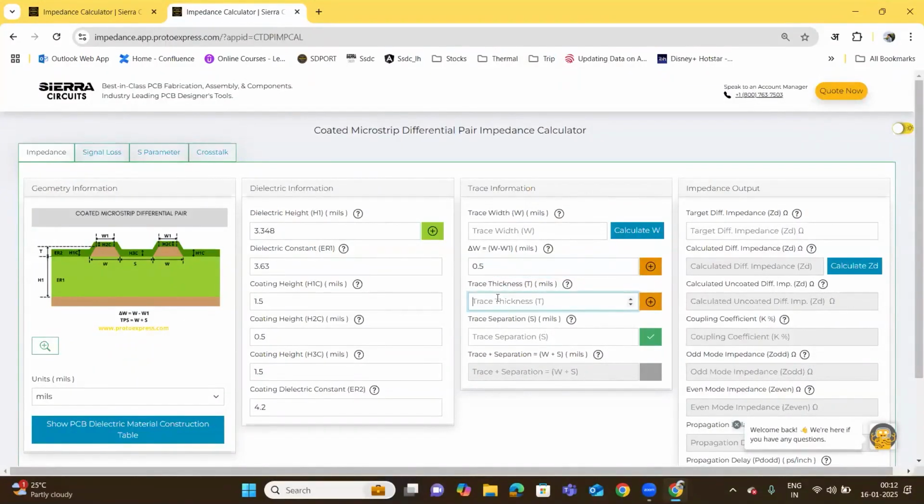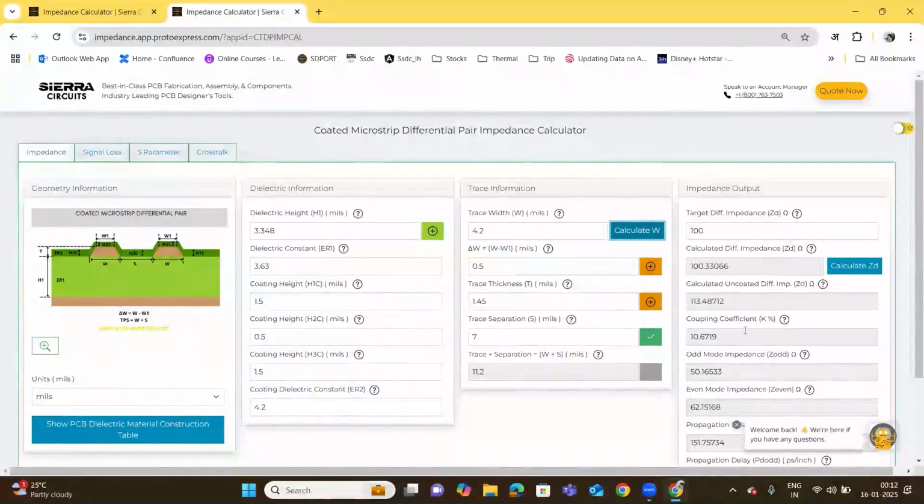Enter trace thickness, about 1.45 mils, and a trace separation of 7 mils. I want to calculate the trace width, so I will add a target differential impedance here and click on calculate W. We will see that the trace width will be calculated and displayed along with the other parameters like the uncoated differential impedance, coupling coefficient, odd mode impedance, etc.